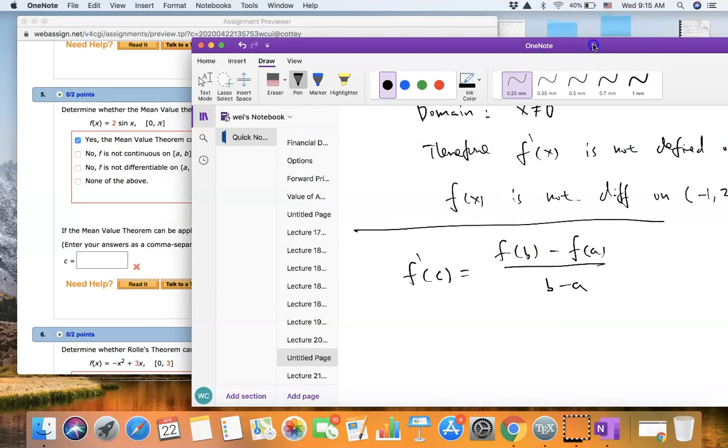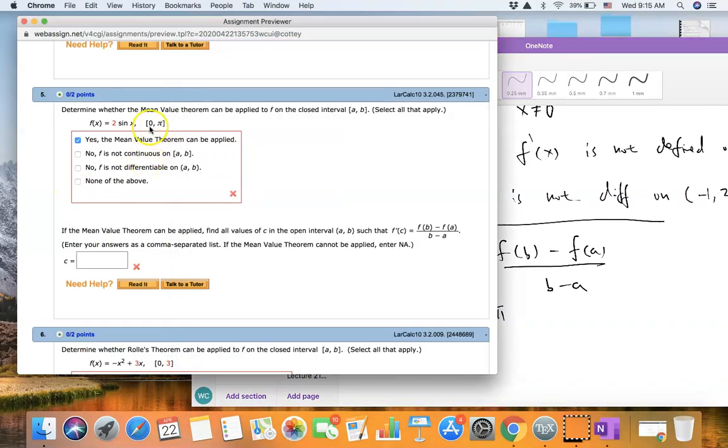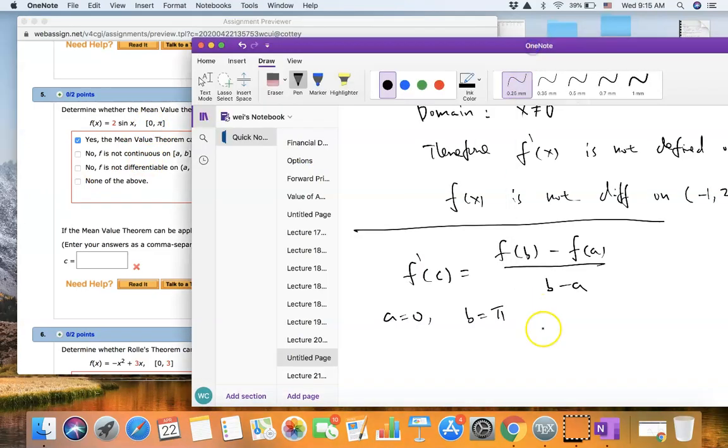And here a equals 0, b equals pi, because this is the closed interval we're given, and the function is 2 sine x.